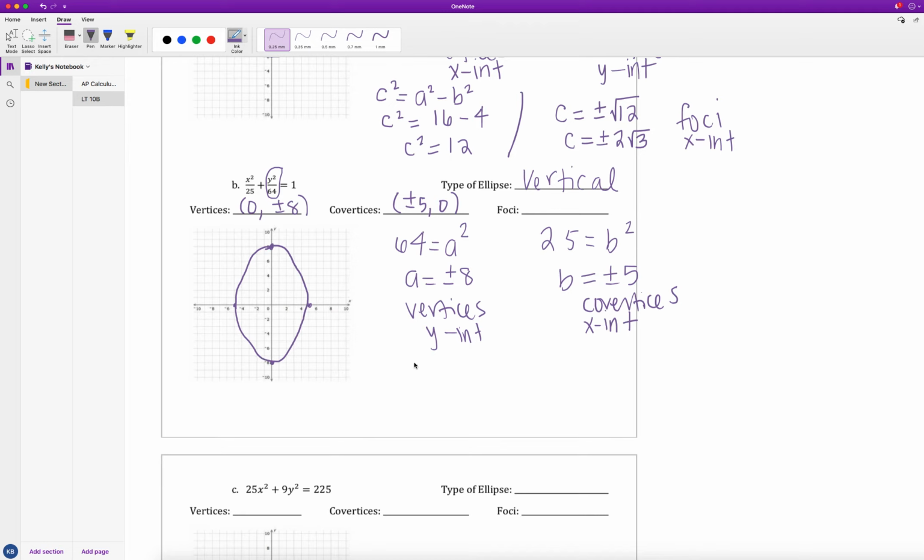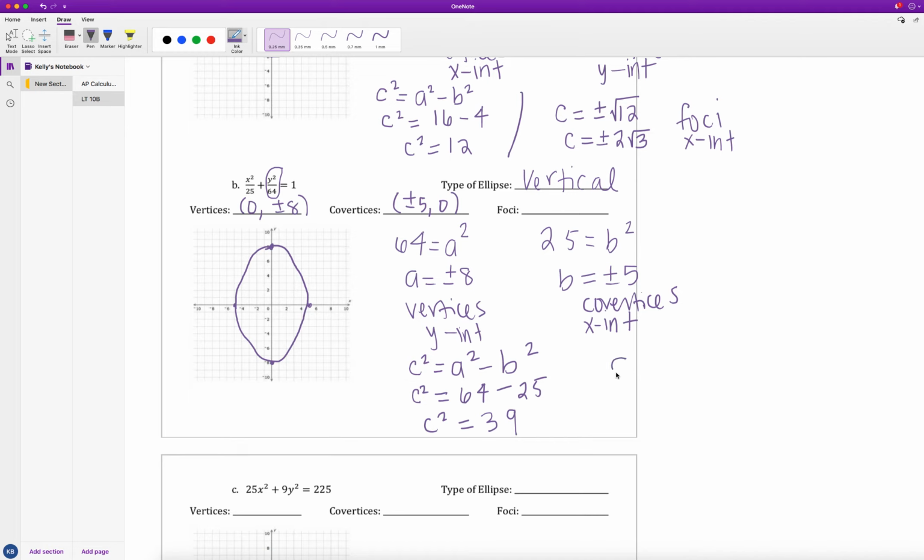The foci are the last thing to get, so we're going to go back to that c squared equation. So remember, c squared equals a squared minus b squared. So when we're solving this guy then, I know that my a squared is 64 and my b squared is 25. And when I subtract those two then, I get c squared to equal 39.